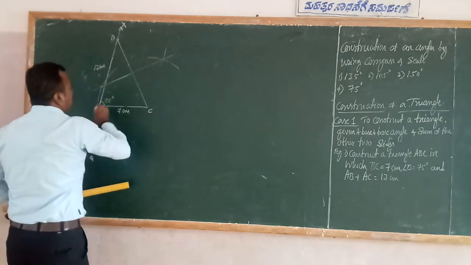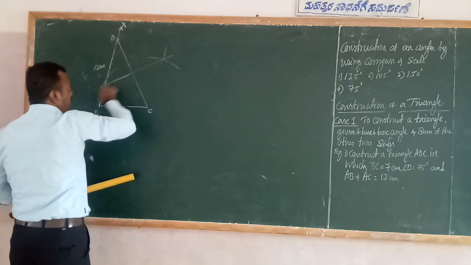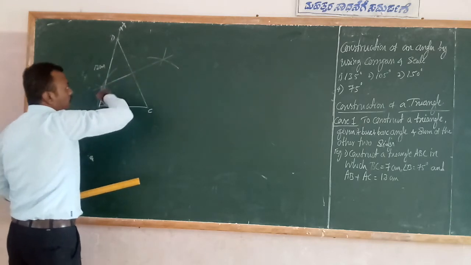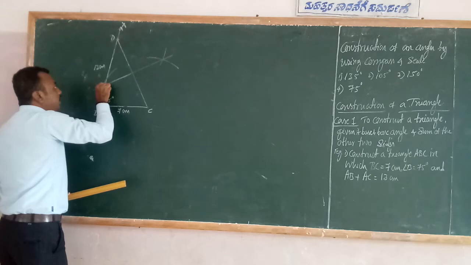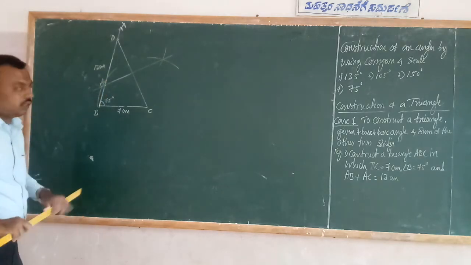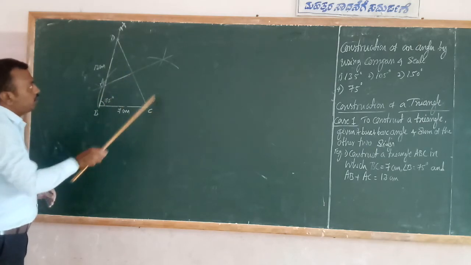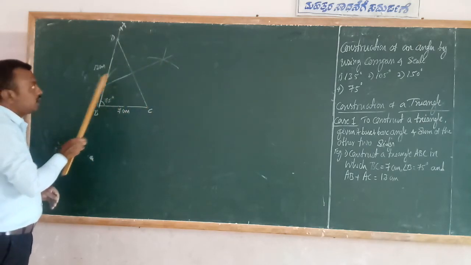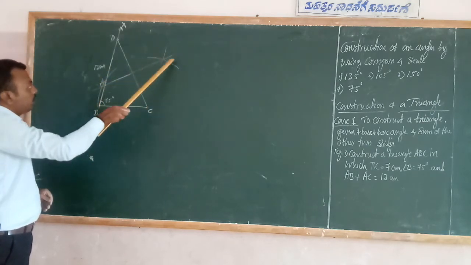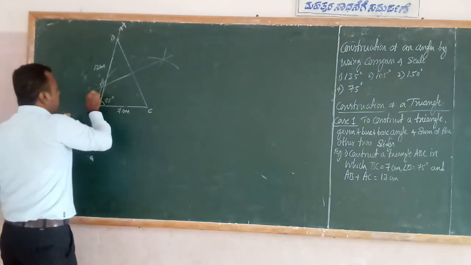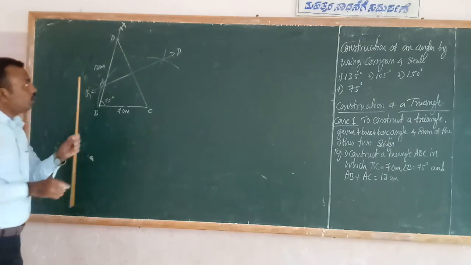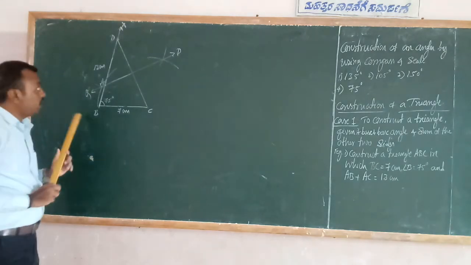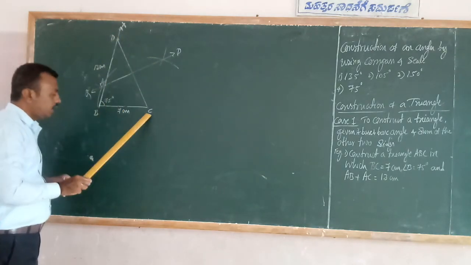See this line, this perpendicular line or bisector line, it intersects the BD at point A. So we are bisecting DC. After bisecting, we call this line segment P and Q. So PQ is a perpendicular bisector of DC.